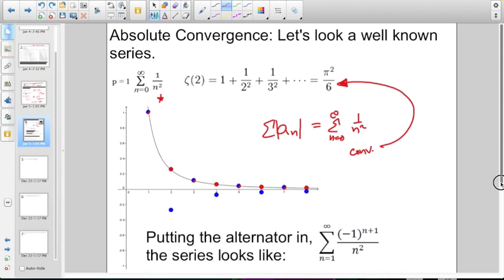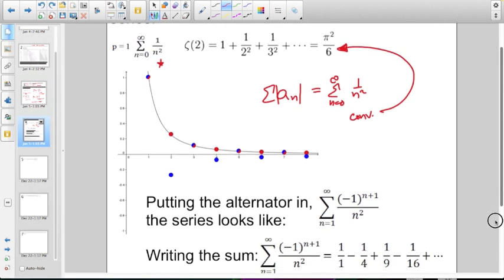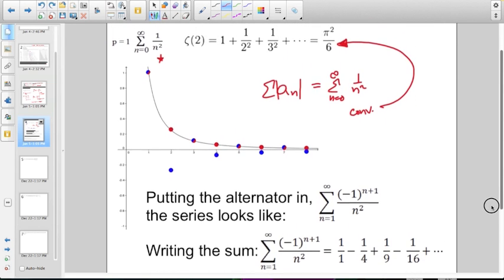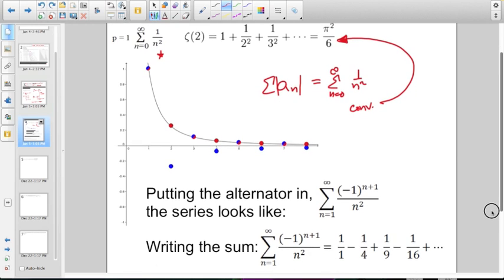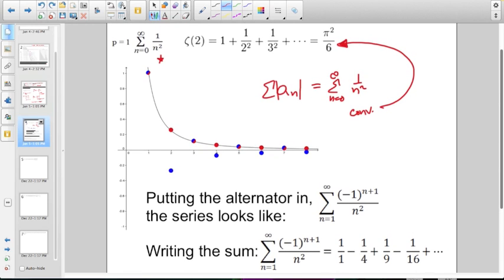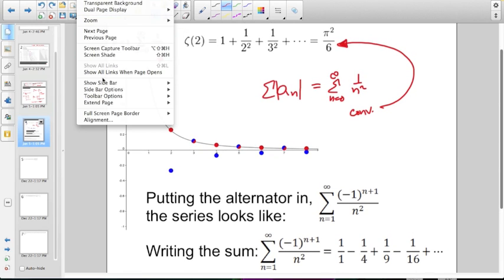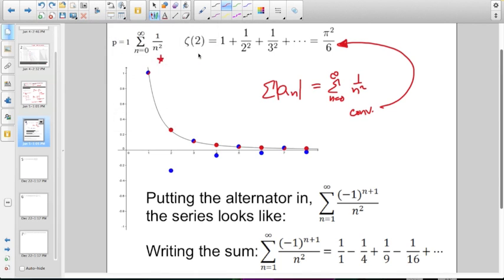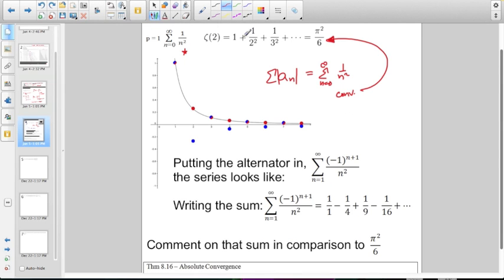And now let's take a look at our alternator. So if we look at the alternating series, so we can see both expressions at the same time, we've got 1 plus 1 over 4 plus 1 over 9 plus dot, dot, dot.